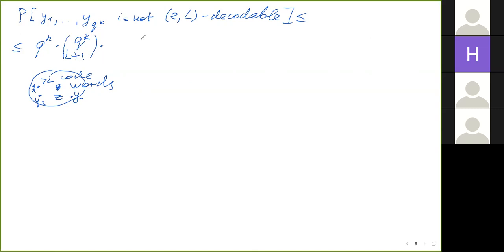So what's the probability that one code word falls into the ball? This is the size of the ball, call it V, over the total amount of points, which is q to the n. So V over q to the n is the probability that some particular yi falls into the ball of volume V. And because we need L+1 code words, we need to raise this to the power of L+1.